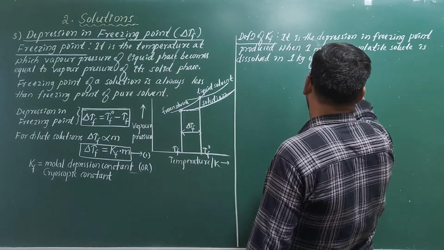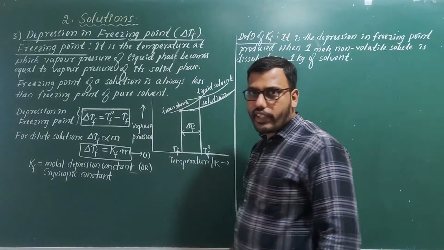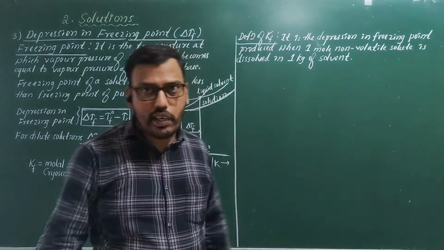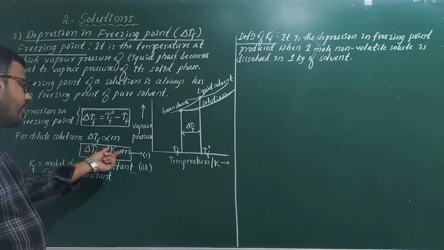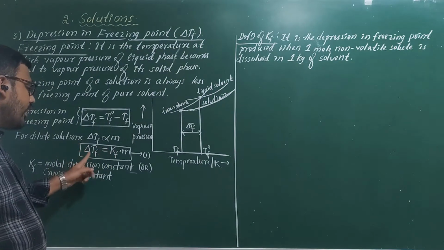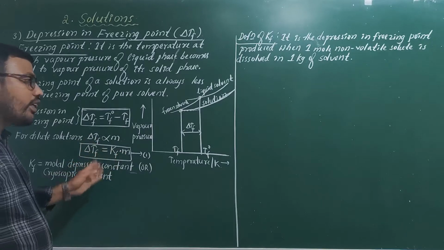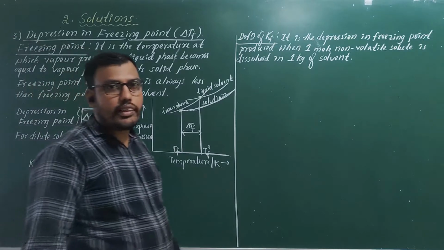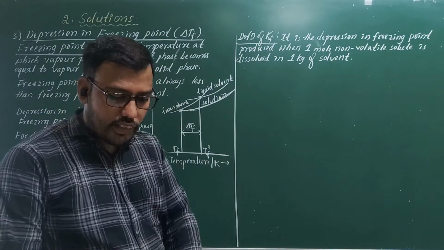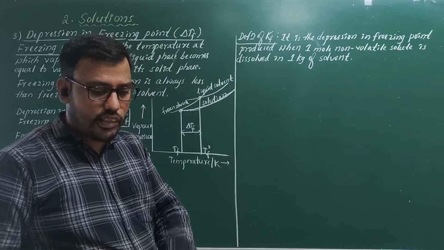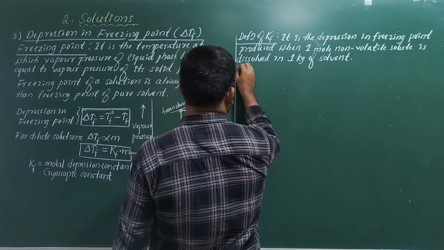of solvent. The unit of Kf is similar to our Kb, because you see here Kf is equal to delta Tf divided by small m. Delta Tf is in Kelvin, molality is mole per kg. So Kelvin kg per mole is the unit of Kf.